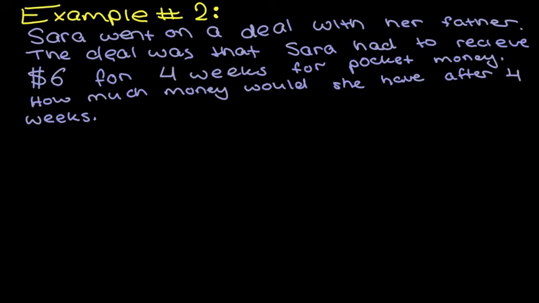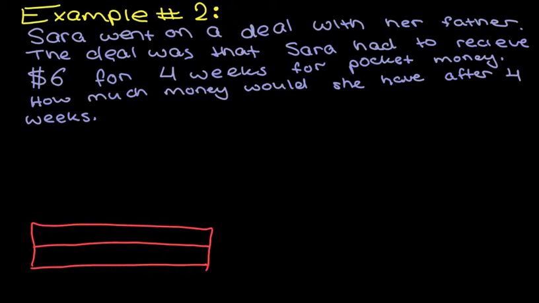So if we draw a table, and label that, this is the weeks and this is the money, and it goes on for 4 weeks, so 1, 2, 3, 4, we label it.